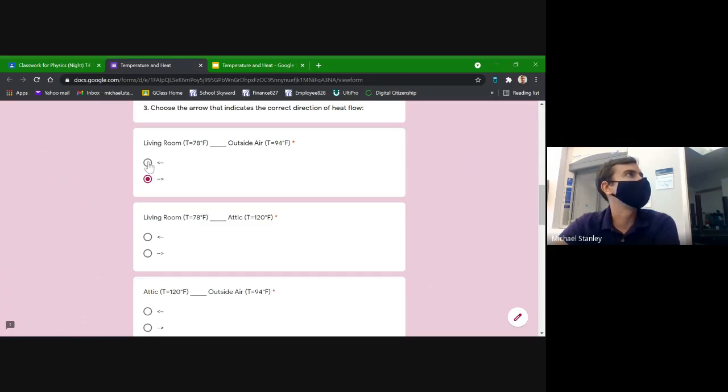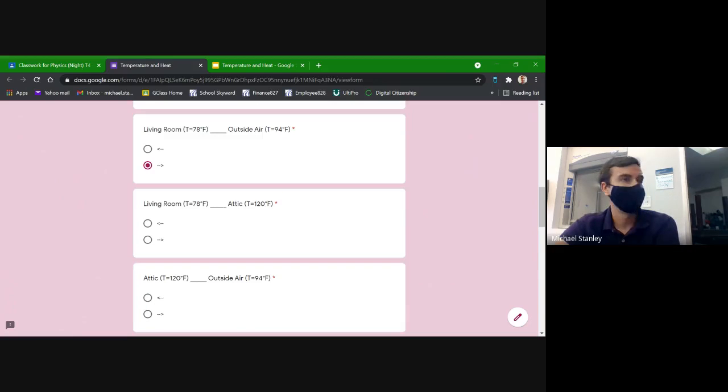Like for this first one, is it going to flow, in this case, to the left from the air to the room, or is it going to flow to the right from the room to the air? And so for each one of these, I want you to tell me which way will the heat flow, from the left to the right object or from the right to the left object.